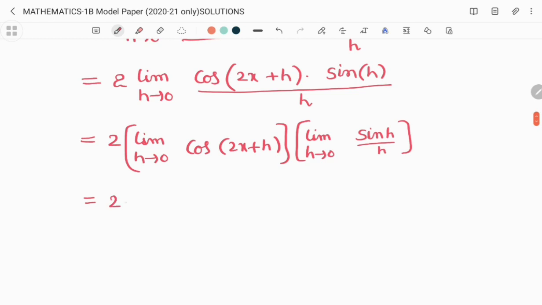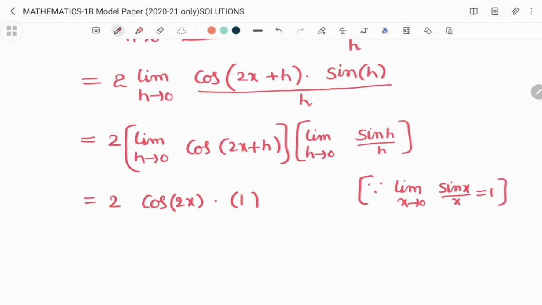So 2 into, h is equal to 0, substitute, it will become cos 2x. Limit h tends to 0, sin h by h value is 1. We have the standard result: limit x tends to 0, sin x by x is equal to 1. So therefore 2 cos 2x.